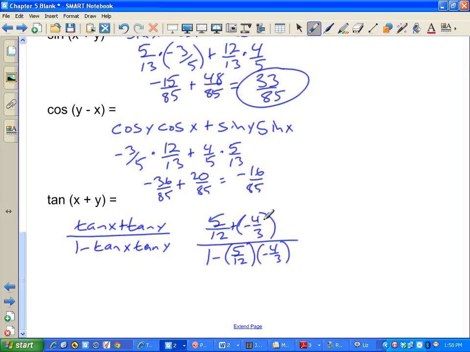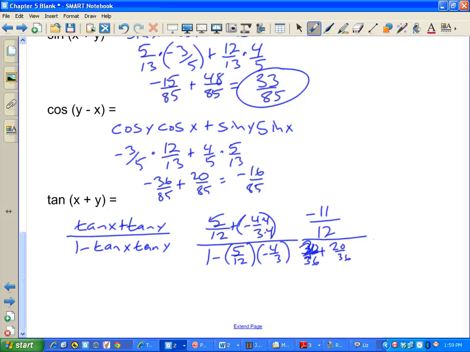So let's see. I need to multiply this by 4 on the top and bottom, so I get a common denominator up here. So I have 5 minus 16, which would be negative 11/12. 1 plus, since the minus, we'll turn this to plus, 20 over 36. This is 36 over 36.